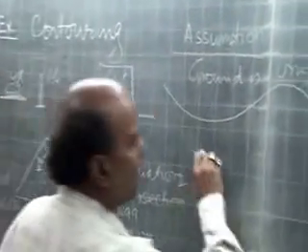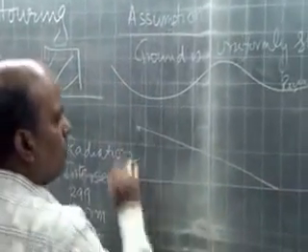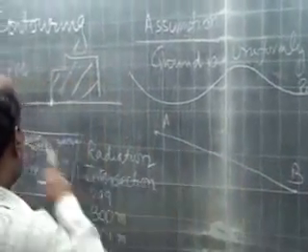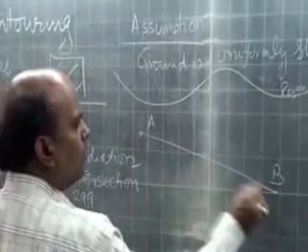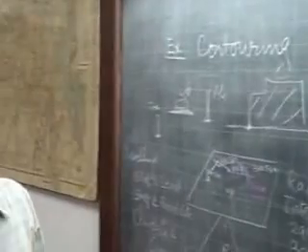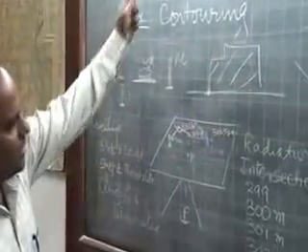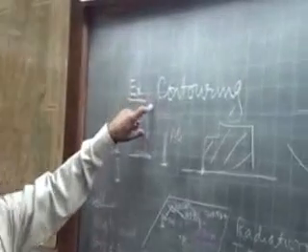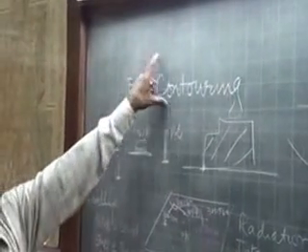So if the ground is sloping like this, we know the elevation of this point A, we know the elevation of point B, and we can do a linear interpolation in between. So using the linear interpolation technique in the entire area, we can join the points of equal elevation, and that is called a contour.